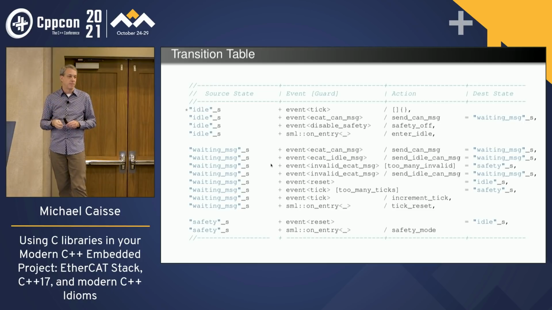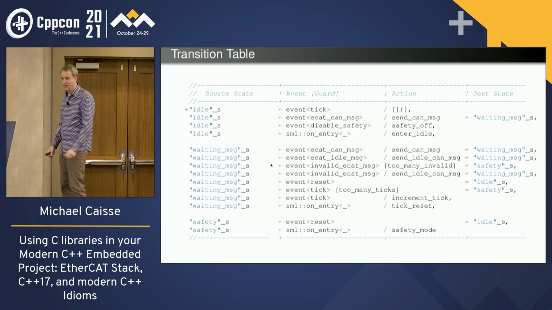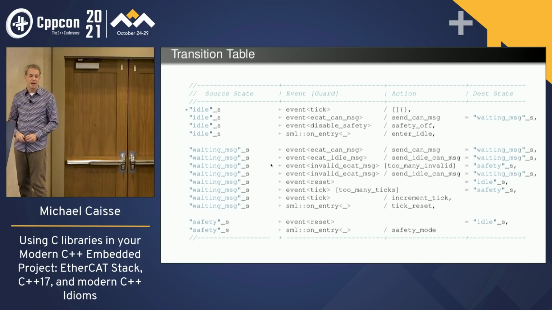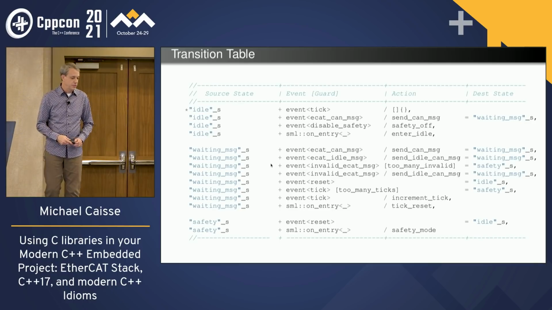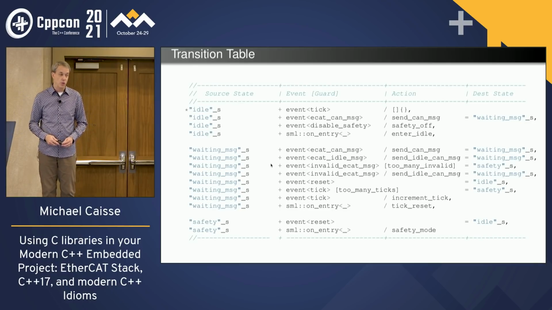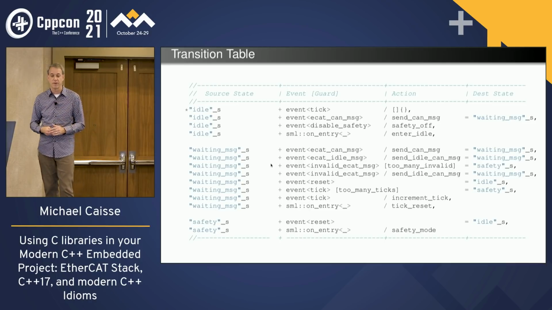Now, using Boost SML, we're allowed to actually just create states with strings through magic. And so I have my idle state, and if you have used UML state machine things, the notation looks a lot the same.